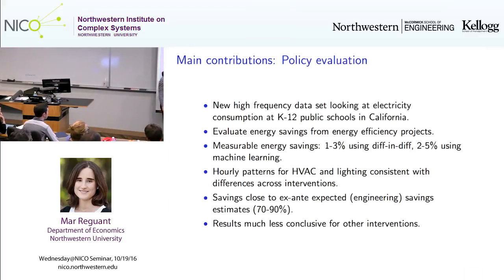Importantly, for the bottom line I was mentioning, we will find that the ex-post estimates of energy savings are not too far from the ex-ante expected engineering savings. We find that 70 to 90% of the ex-ante savings seem to be at least happening in the data on average.